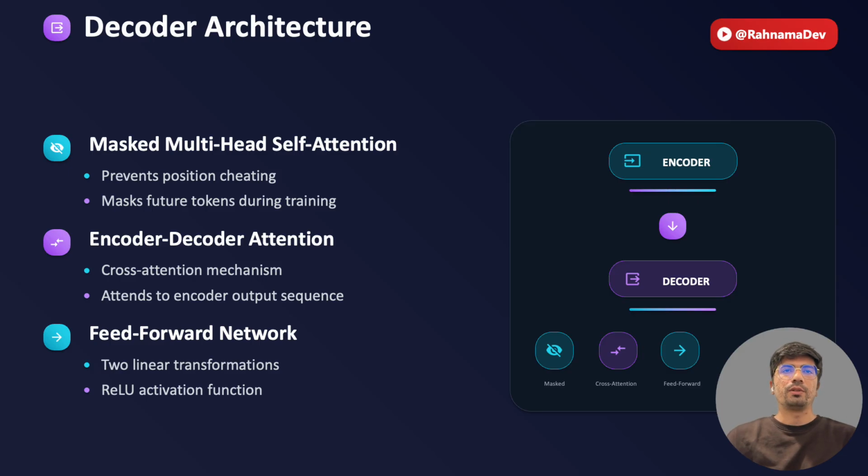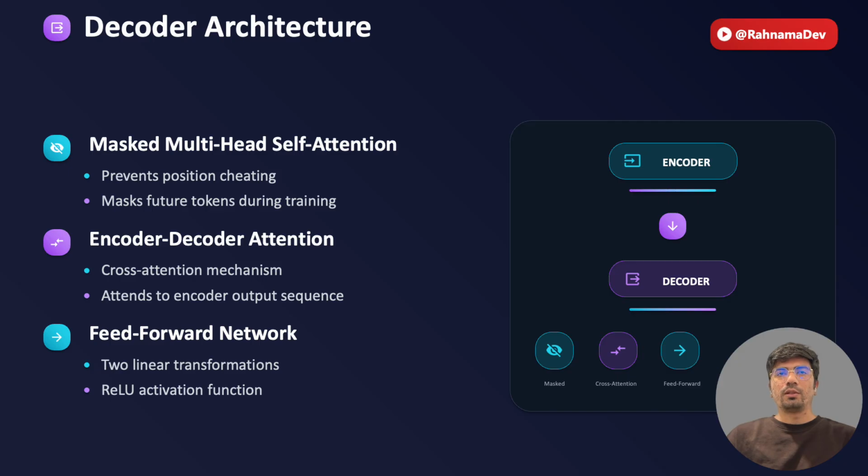The second component is multi-head encoder-decoder attention, also known as cross attention. This is where the encoder and decoder communicate with each other. The decoder, with its cross attention mechanism, attends to the encoder's output. Why is this important? When generating output, the decoder needs to understand the input.